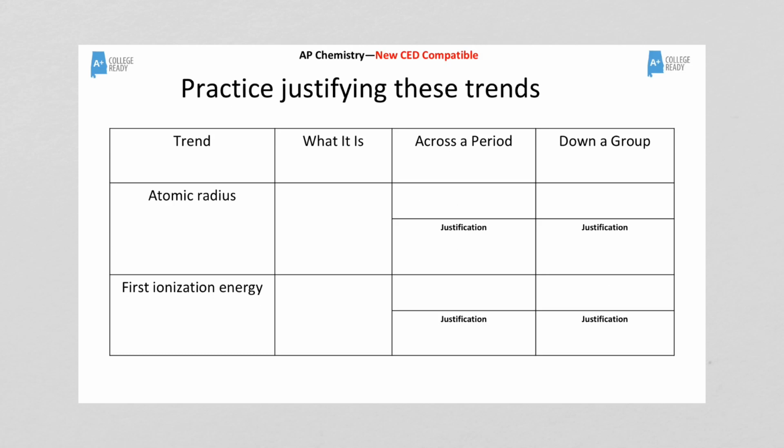So here are some examples. This is a good chart to fill out if you're asked to justify atomic radius. We need a period justification and a group justification. Remember, when you're using these period justifications, it's very important to mention effective nuclear charge, which is protons, and when we're using a group trend, we need to talk about the location of the valence electrons in different energy levels.